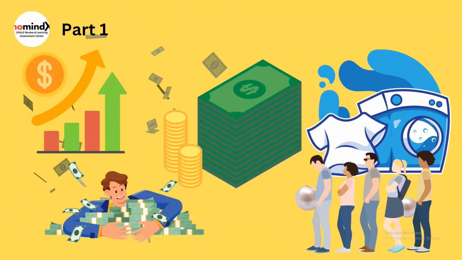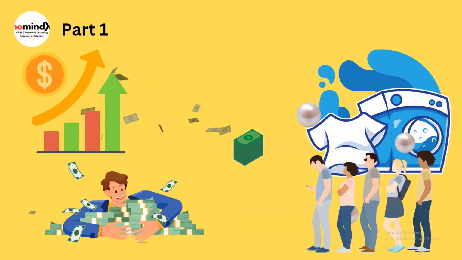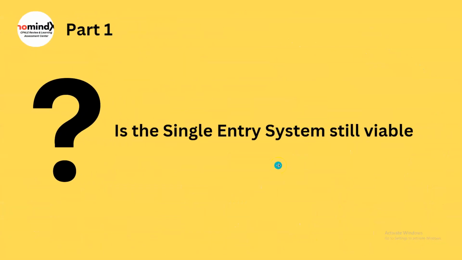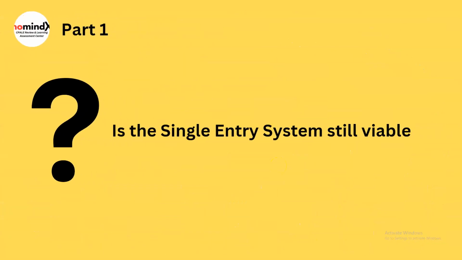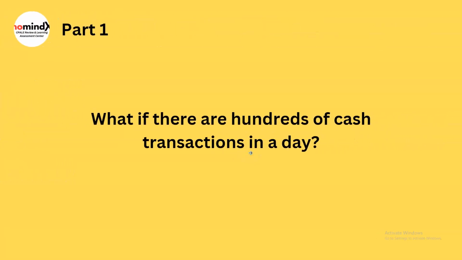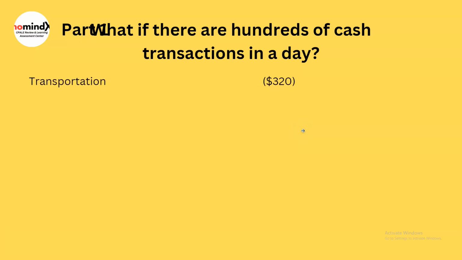Now, that would be viable if you have only a few transactions in your business. However, if your business booms, I think the single entry system is no longer viable, because there are a lot of transactions that we need to account for in a day, in a week, in a month, in a year, and there is information that we need.